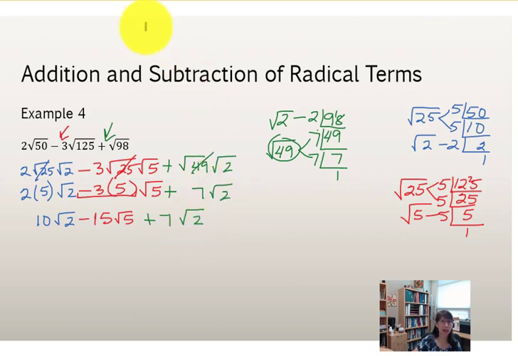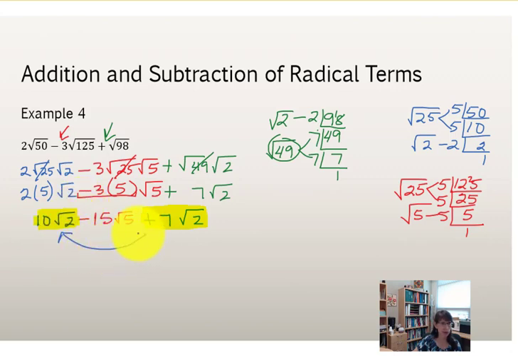Hopefully what you recognize here now is actually the first term, 10 square roots of 2, and positive 7 square roots of 2. Those terms have a common radicand, so those two terms can be combined.